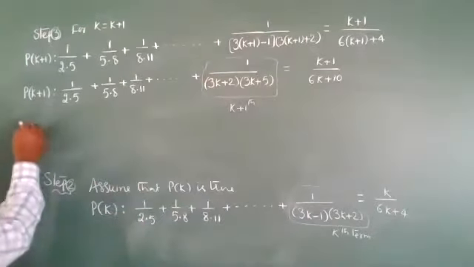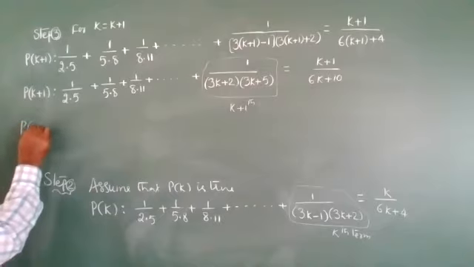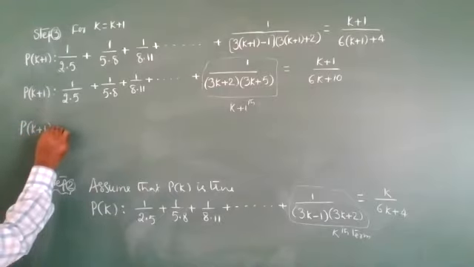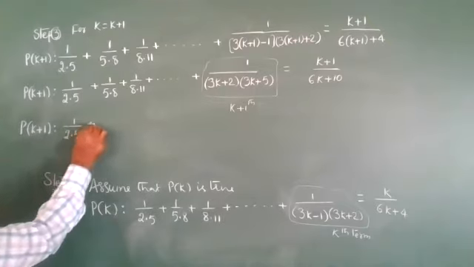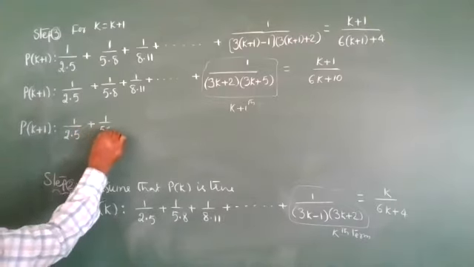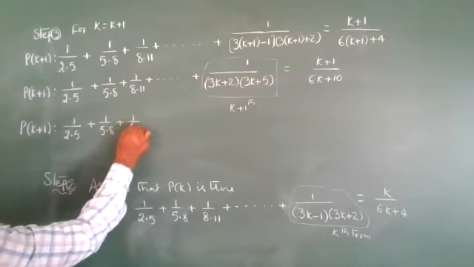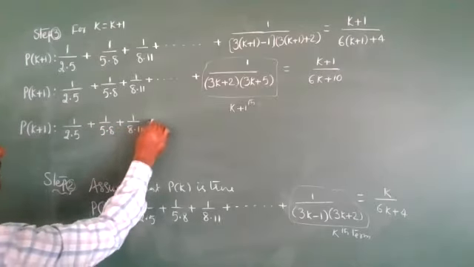Okay? Right. Principle of k plus 1 numbers is equal to: first number 1 by 2 into 5, 1 by 5 into 8, 1 by 8 into 11.